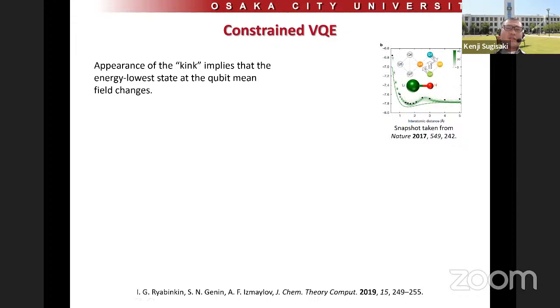Because of this feature, the VQE with the hardware-efficient ansatz sometimes suffers from the kink shown here. This was reported in the Nature paper in 2017, from the IBM group.